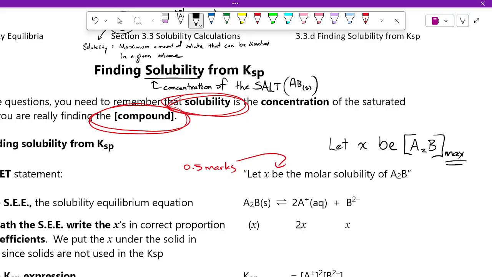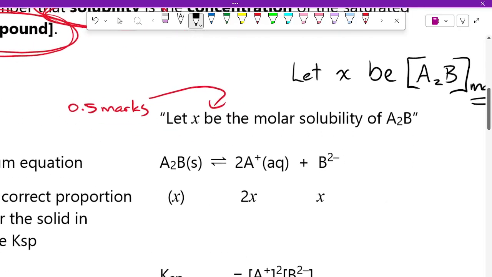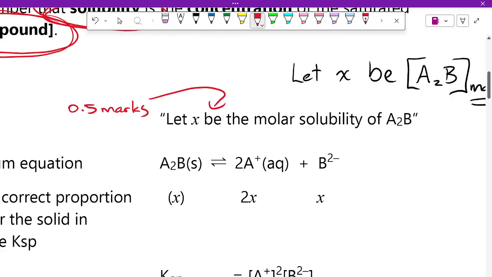And then, because we're dealing with a solubility equilibrium, we will write the solubility equilibrium equation. We need our ion concentrations, and in this case they are going to be in terms of X because we don't know the concentration.